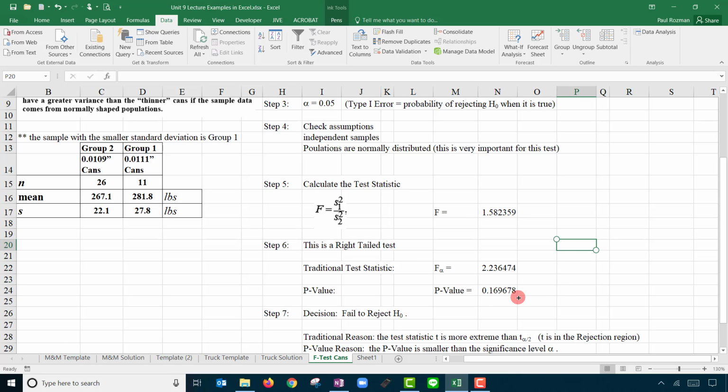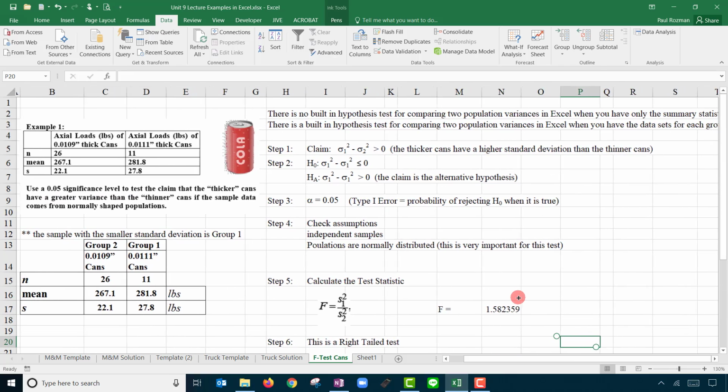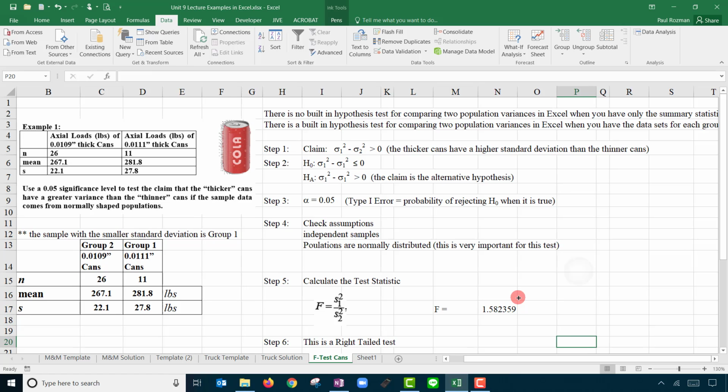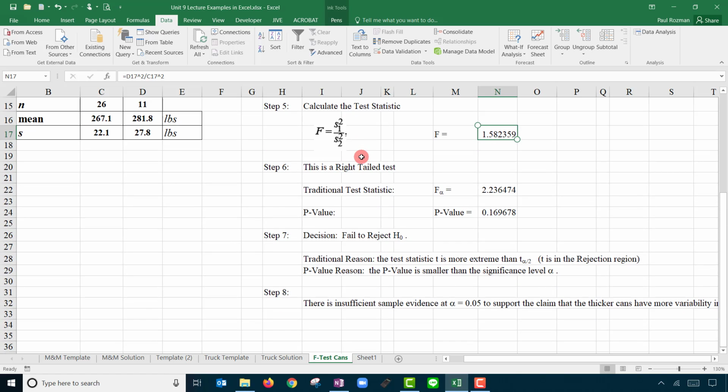So now you have a template for this as well. I'll post this so you can do your f-tests on your own, update the tables, update the formulas, and away you go. I guess you have to reset them up. It's at least a good starting point if you're going to ever type one of these up.